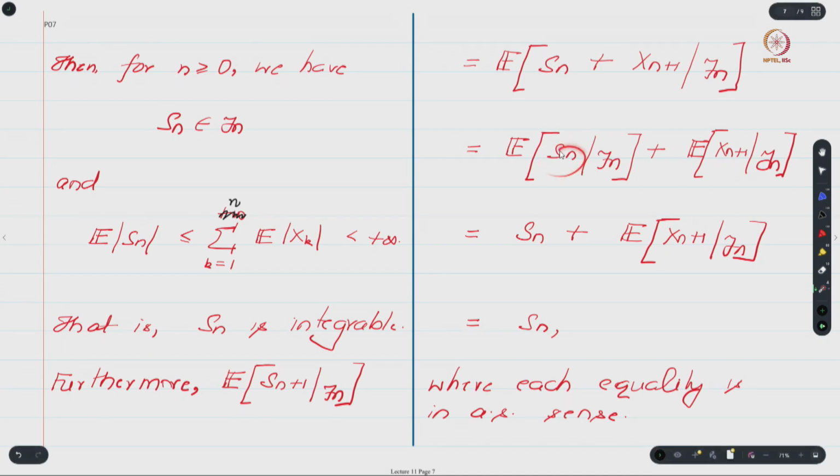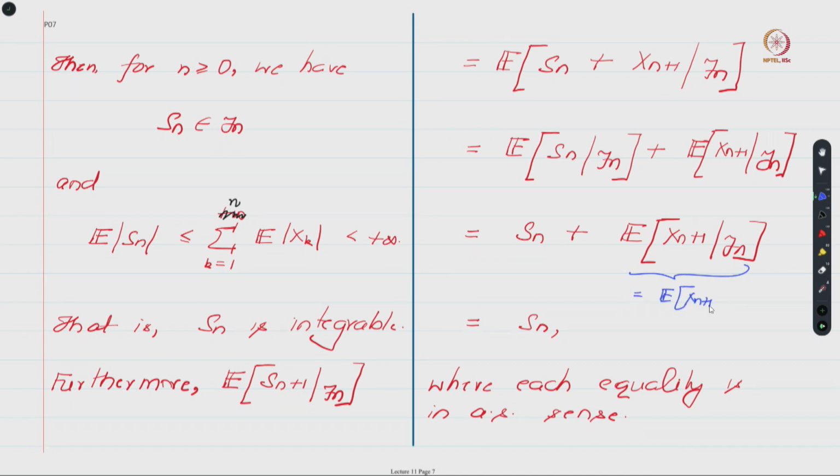Now, because Sn is measurable with respect to Fn, as we saw, the first conditional expectation results in only Sn. Then we make use of the fact that xn+1 is independent of Fn, hence the second term equals the expected value of xn+1, and furthermore we know that each of these random variables has zero mean, and hence this expression equals 0, and hence the whole expression equals Sn.